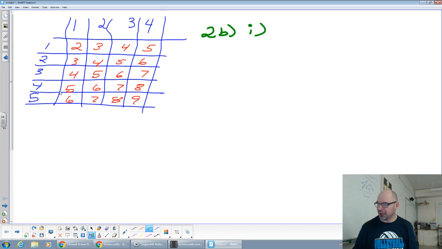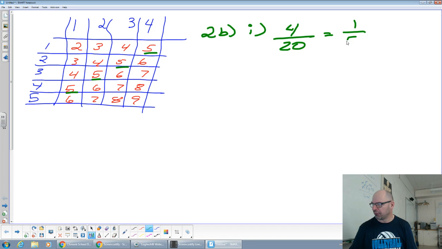A sum of 5 would be 1, 2, 3, 4. So that would be 4 favorable over 20 total. That's the probability. That reduces down to 1 over 5. Okay, and that's our first probability.